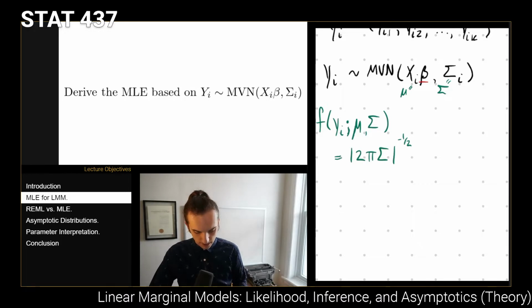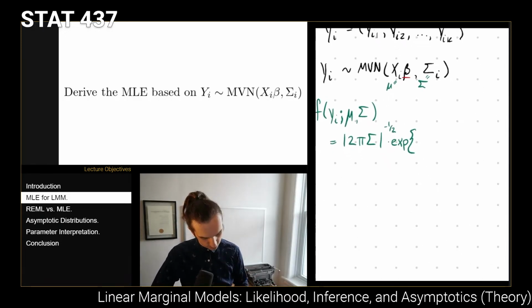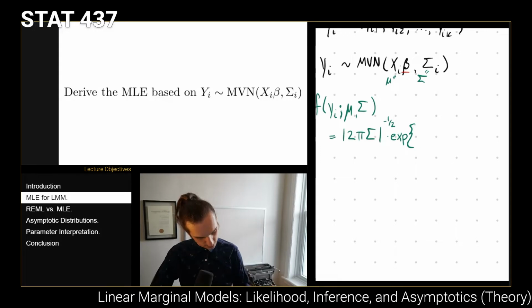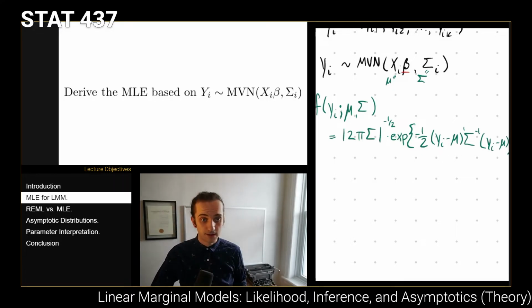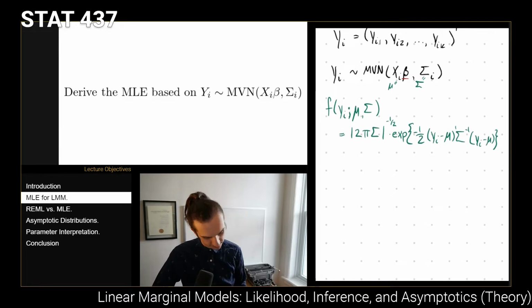Then from there, we multiply that by the exponential, and the exponential takes in this quadratic form, which is going to be -1/2 (yi minus mu) transposed sigma inverse (yi minus mu).